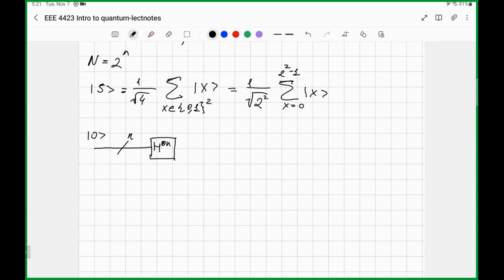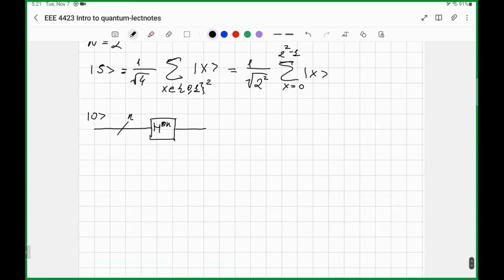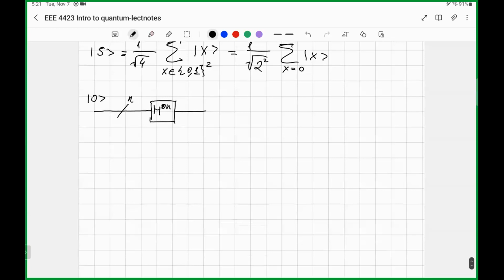Okay, so it is applied n times, which is the Hadamard gate applied to each of the qubits in this group of qubits. So I have n qubits in this system, and in the input I have this state 0.